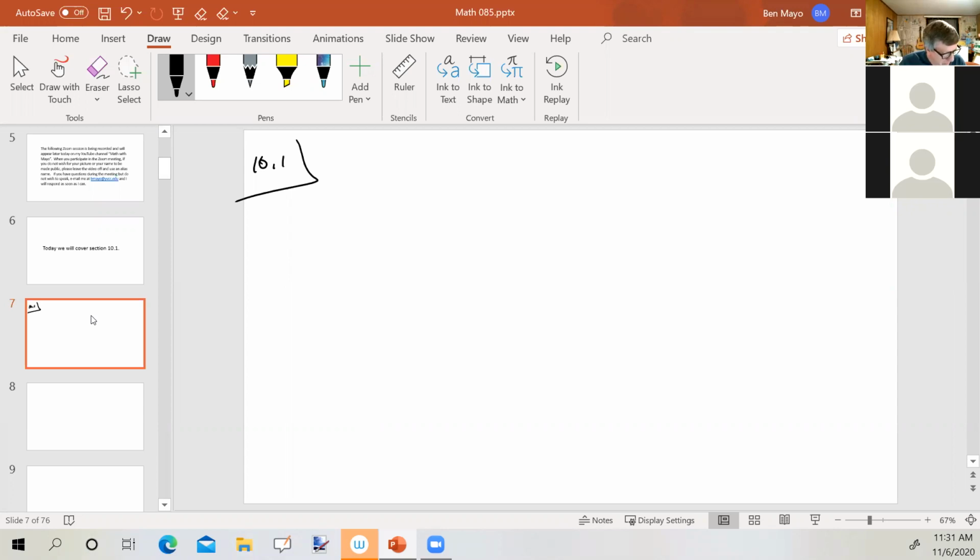So first of all, let's take the problem x squared minus 9 equals 0. Going back to chapter 6, what we have on the left side of the equation is the difference of two squares. We could factor that into x plus 3 times x minus 3 equals 0.